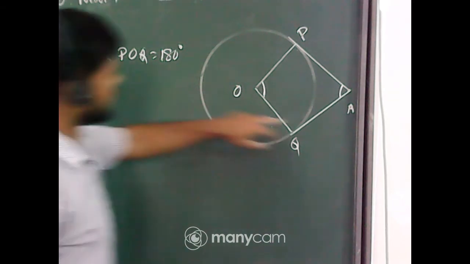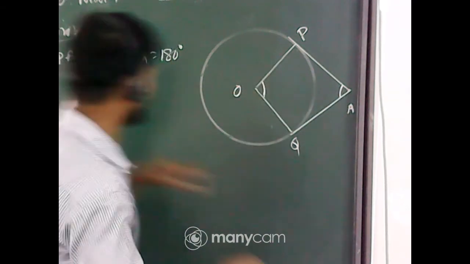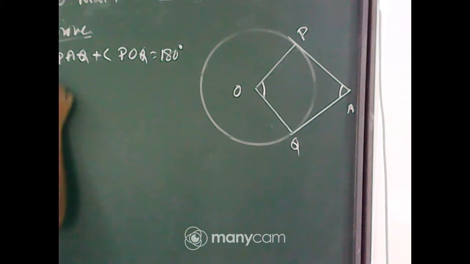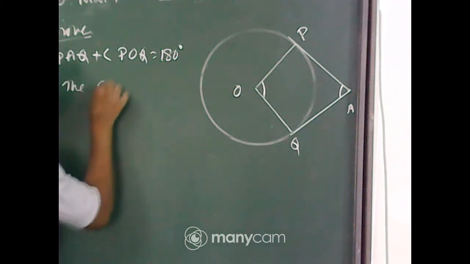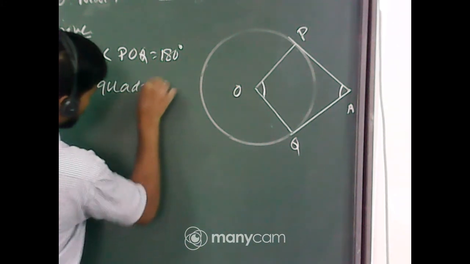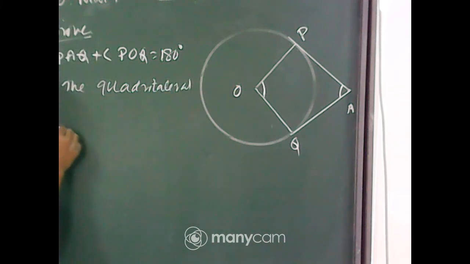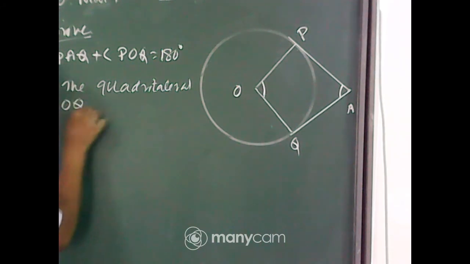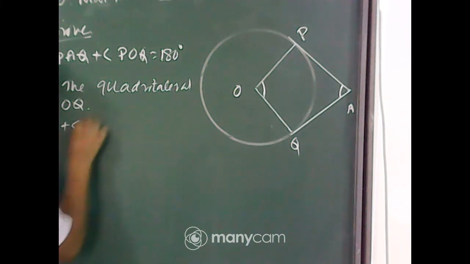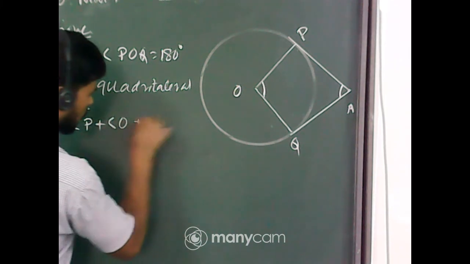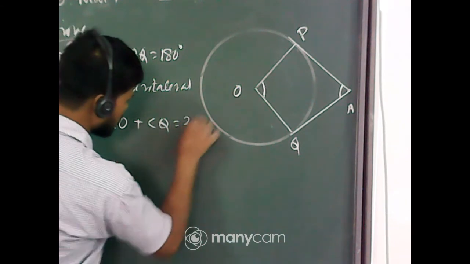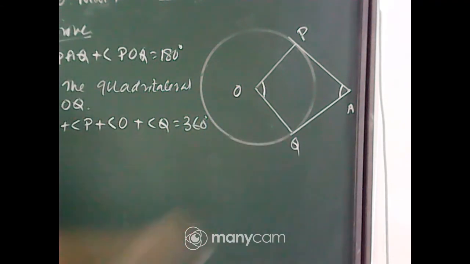So if I consider the quadrilateral APOQ, apply the angle sum property, means angle A plus angle P plus angle O plus angle Q is equal to 360 degree. Within bracket we'll write the angle sum property of a quadrilateral.